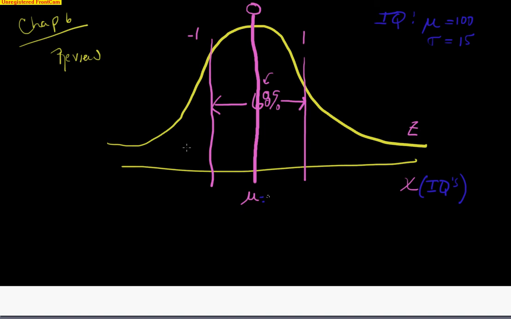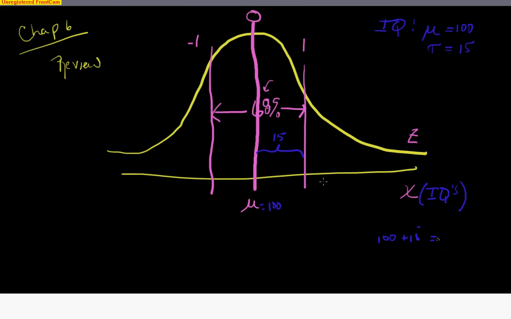If I were to ask you what is the IQ score of somebody one standard deviation above the mean? Well, we know one standard deviation is equal to 15 points. So 100 plus 15 brings us to 115.